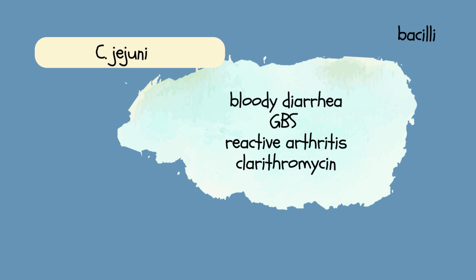It can also cause reactive arthritis, that is post-infectious. There can be arthritis and arthralgia, and it is associated with HLA-B27. There has been a question which asked which HLA is associated with reactive arthritis. That is HLA-B27. Again, seronegative spondyloarthritis are all associated with HLA-B27. And the drug of choice for Campylobacter jejuni is clarithromycin.